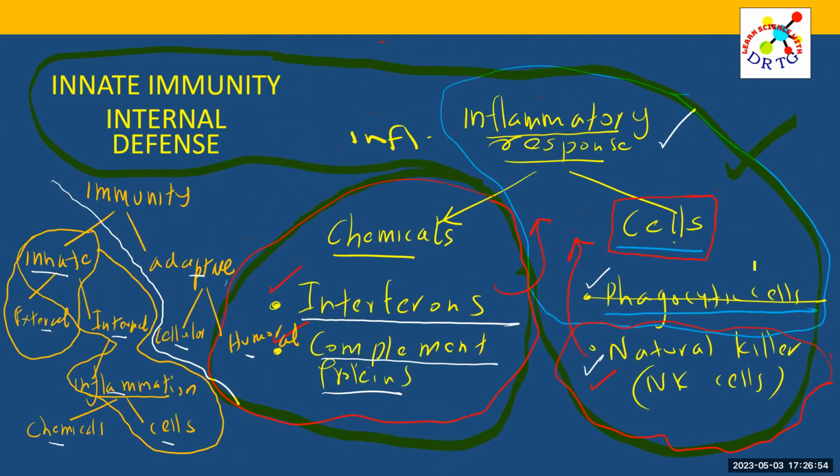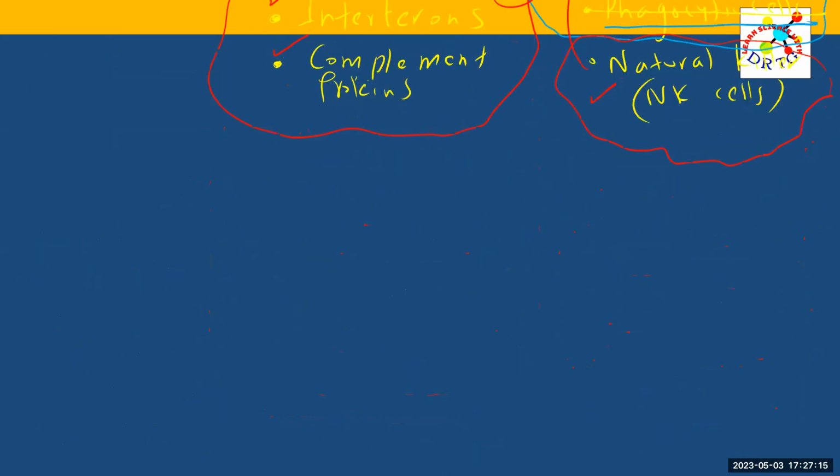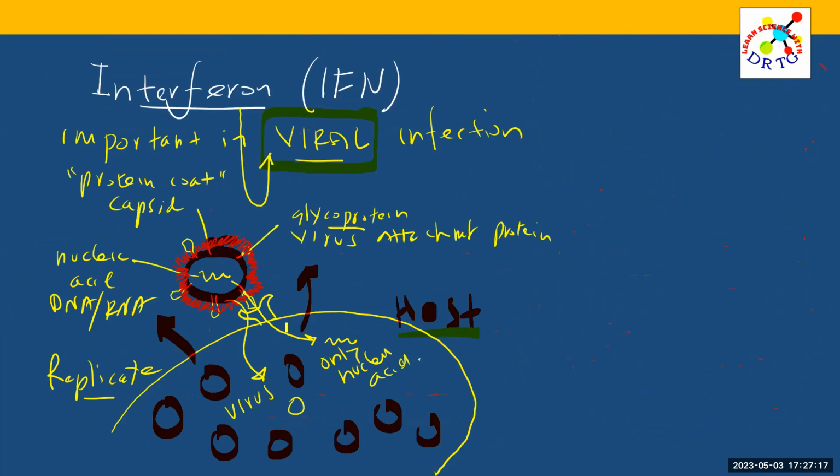Now, the main mechanism of killing infectious agents uses two cells: phagocytic cells, number one, and sometimes natural killer cells. If you watch the videos, natural killer cells are also important. For example, if a virus infected this host cell, then the natural killer cell can come and destroy the host cell before it gets worse. Why?